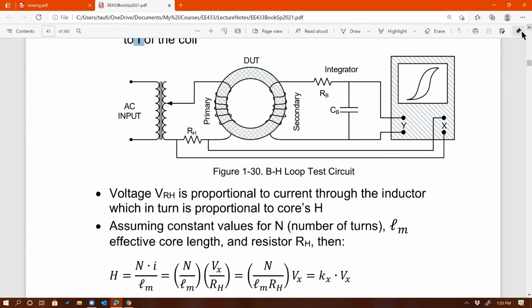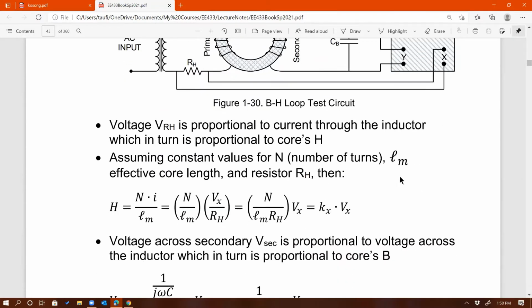And we need that because voltage is proportional to flux density, right? So now we can see, hopefully, that Vx is a way for us to measure H of the magnetic core, whereas Vy is a way for us to measure B of the core, right? And B is related to flux.